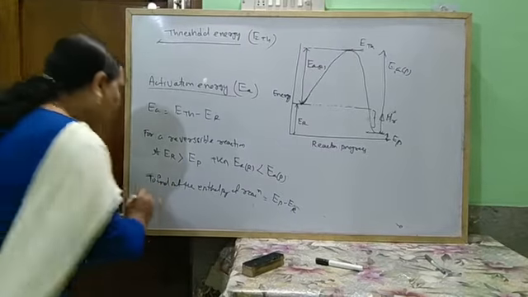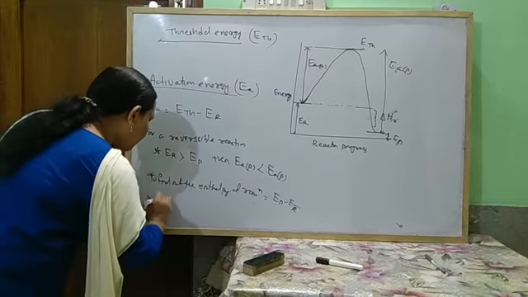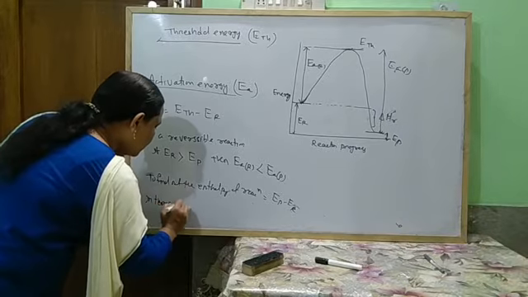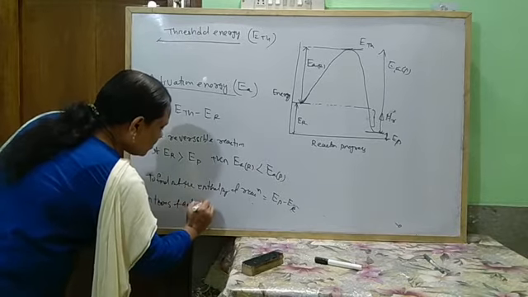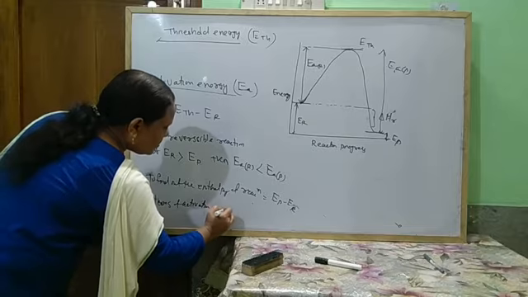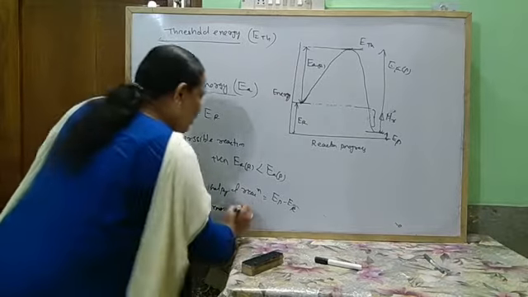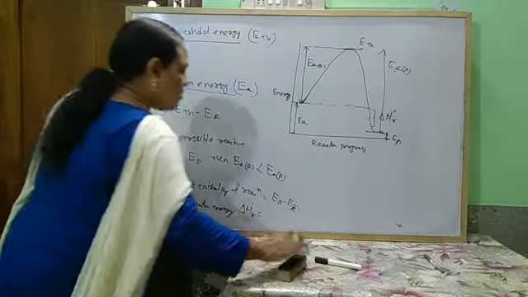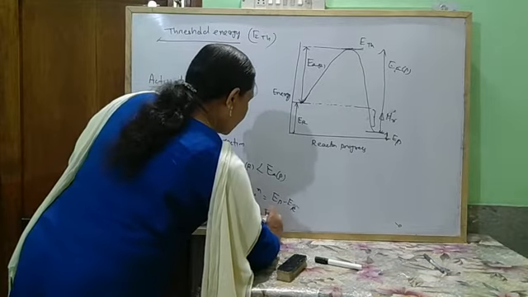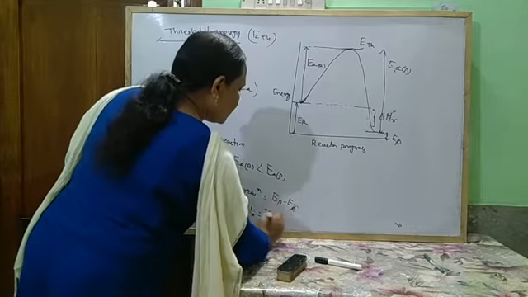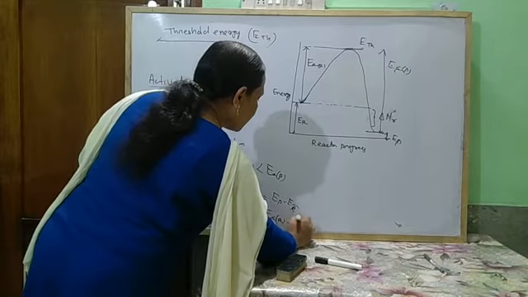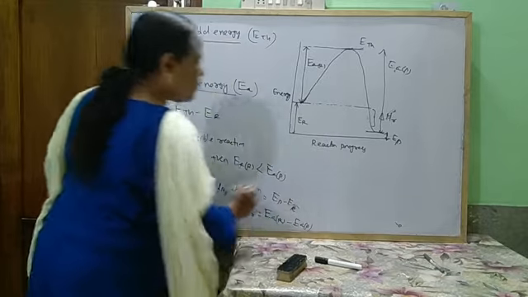But in terms of activation energy, the enthalpy of reaction ΔHR can be found by the activation energy of reactant minus the activation energy of product.